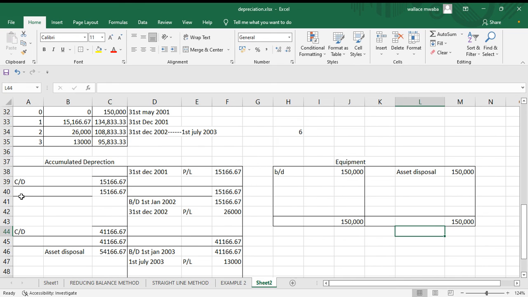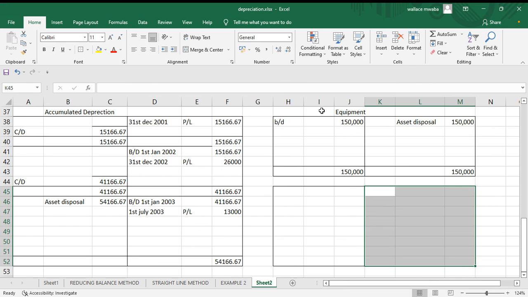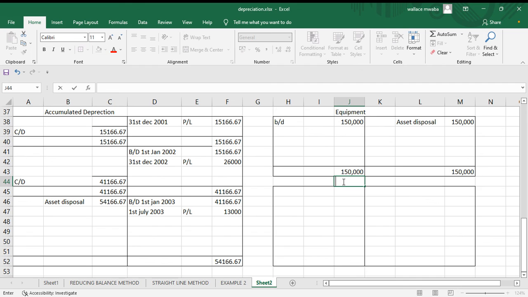Now we can go to our asset disposal to check if we've either made a gain or a loss. Okay, so we'll just make it here, asset disposal. On the accumulated depreciation side, we have debited it.